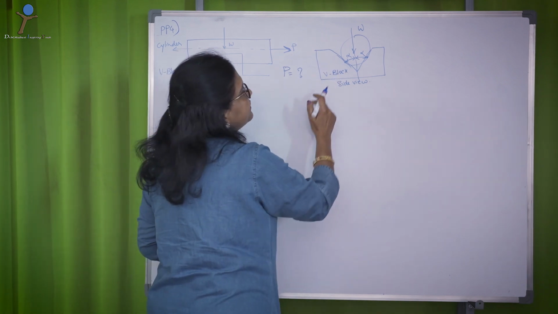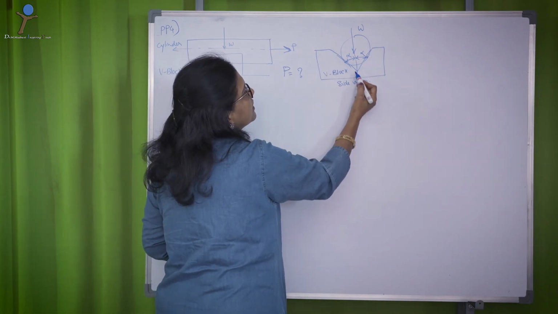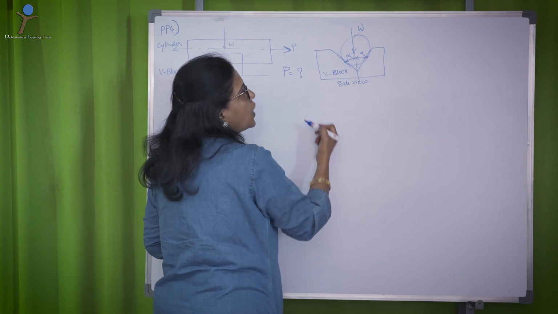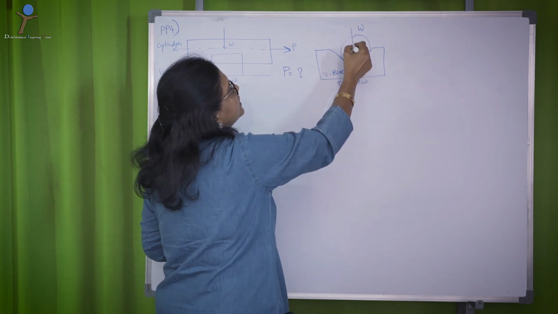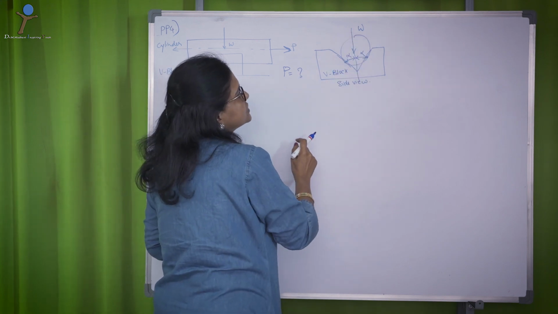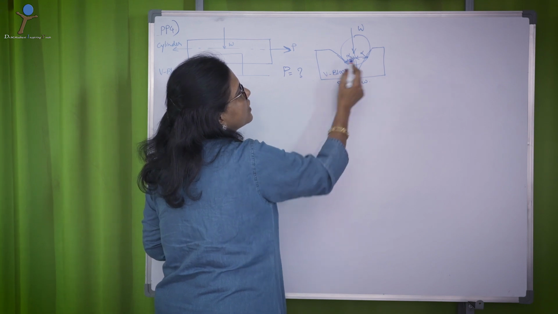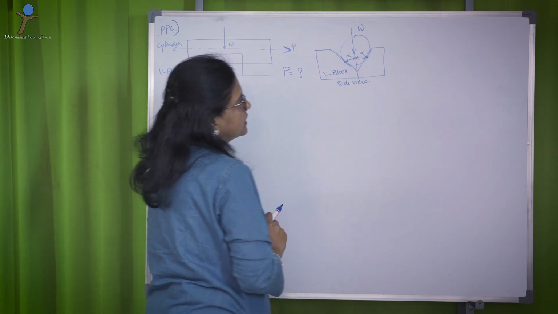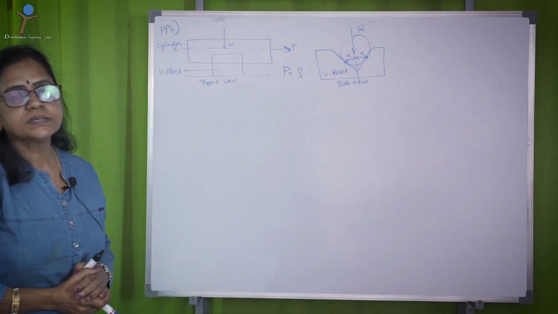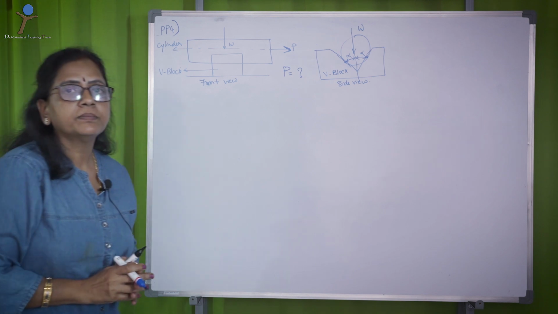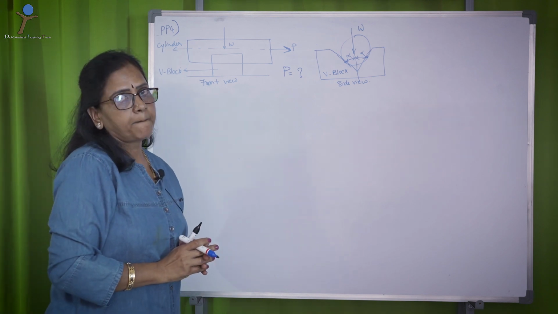Now, you look at the side view. This is a V block having an included angle 2 alpha, and W is representing the weight of the straight cylinder resting on the V block. Now, to solve this problem, it is important to visualize the problem as a whole.